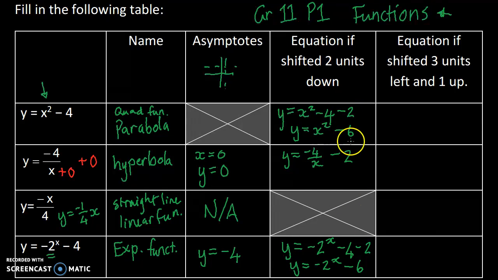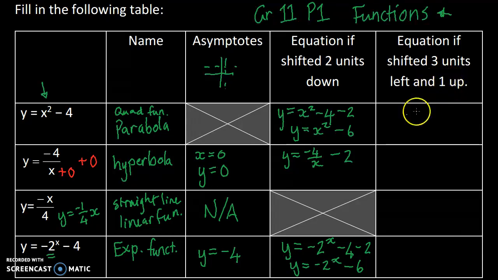Okay, so all of those changes we've made to what's happening to the q value, in other words, that bit that's on the end. -4 became -6. 0 became -2. And 0, well, we didn't do that one. -4 became -6. But now when we shift it left and right, we're not making changes to the q value, we're changing what's happening to x.